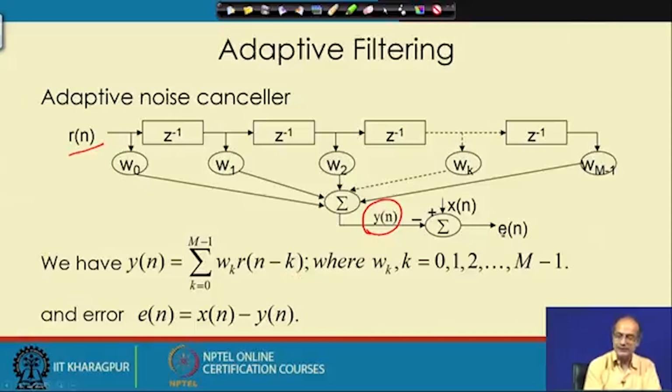So, in this diagram, we get the error as Xn minus Yn, or the difference between the observed signal and the estimate of the noise.